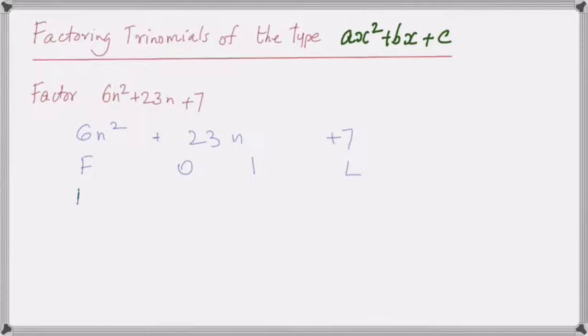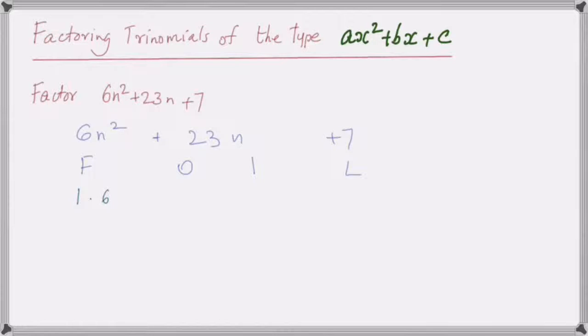So it can be 1 and 6. Let's try 1 and 6. And also look at the last term. In this case it's c. In this case it's 7. 7 is c, right?